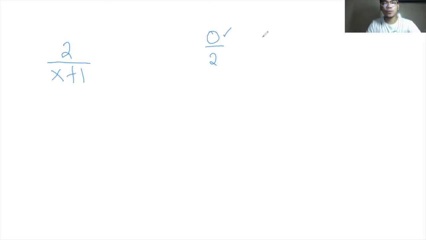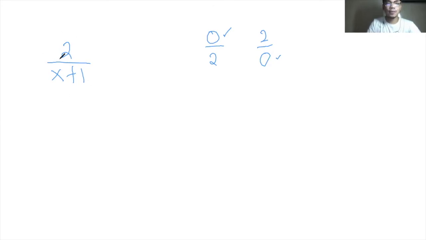But what we don't allow is that the denominator will be equal to 0. So we don't really care much about the numerator. If it's 0, negative, positive, it's okay. Our only concern is the denominator. So that is what we're going to test.